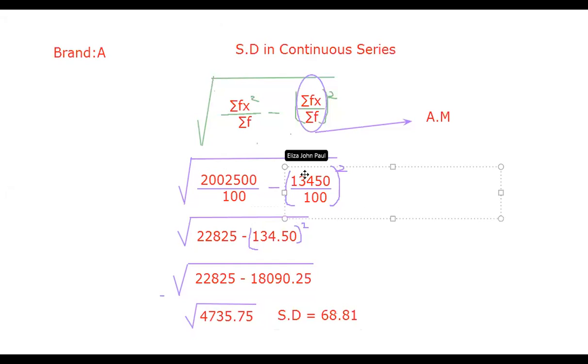And our sigma fx is 13,650 divided by 100. So we just remove these two zeros. So what is the value? So 20,025 and 136.5.